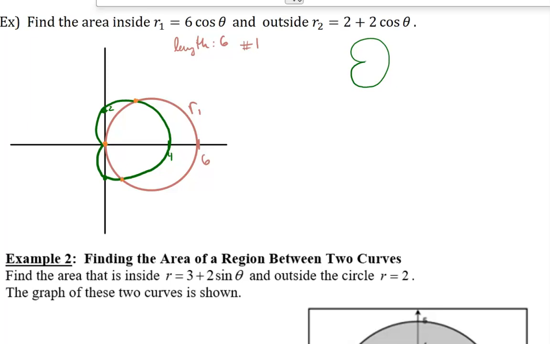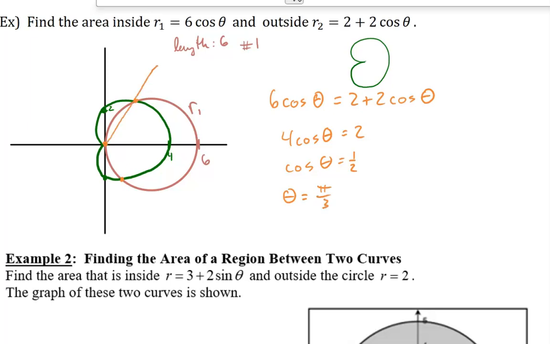Okay, so then let's find that. 6 cosine theta is equal to 2 plus 2 cosine theta. All right, so let's subtract. So we have 4 cosine theta equals 2, cosine theta equals 1/2, and we know that that happens when theta is equal to pi over 3, which seems reasonable for this.